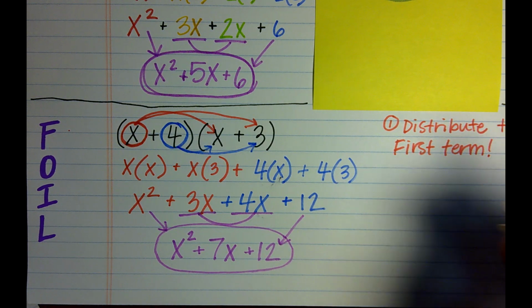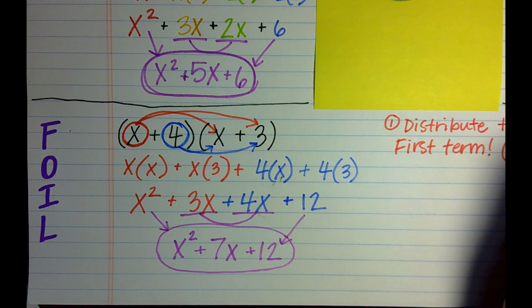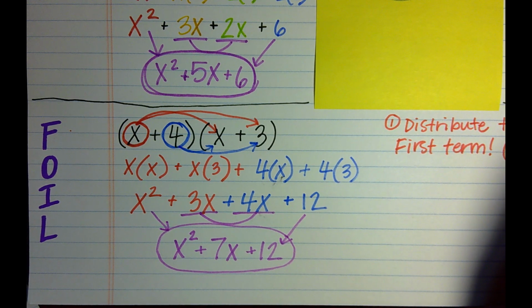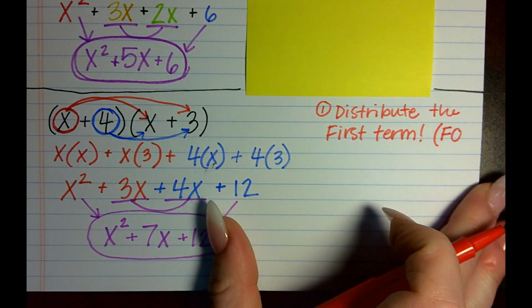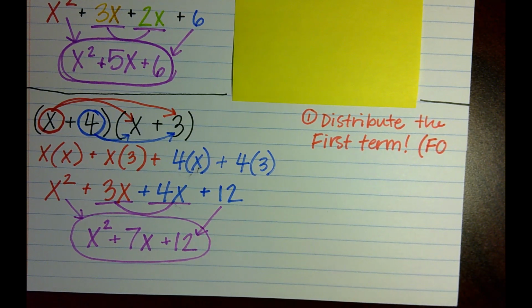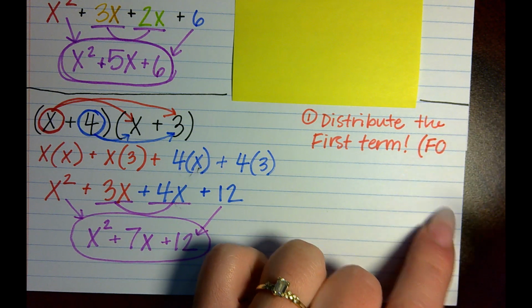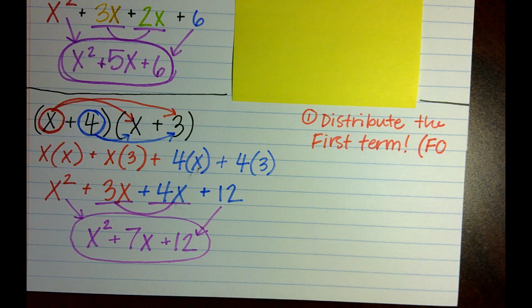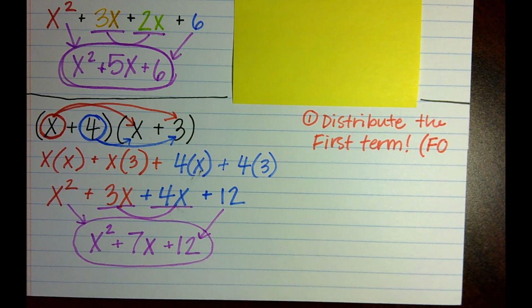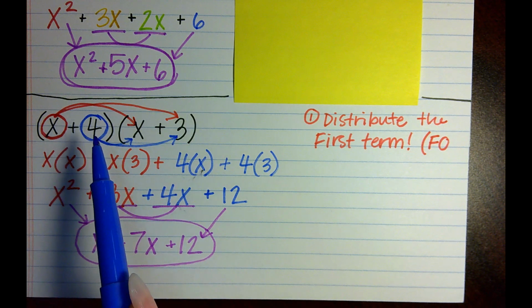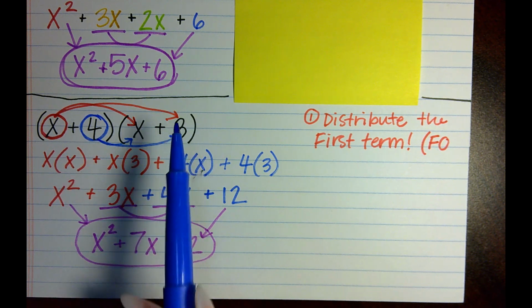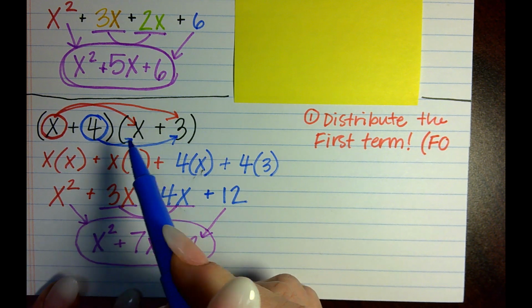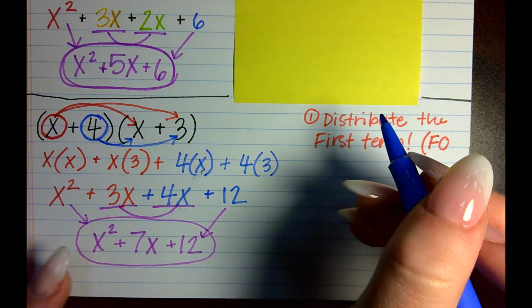So our first and our outer. Thank you. I appreciate you saying something. So distributing the first term, that's the first half of FOIL. F-O. First outer. And the next step is that we distributed that second term, the 4. And that's the inner and the last. I-L.